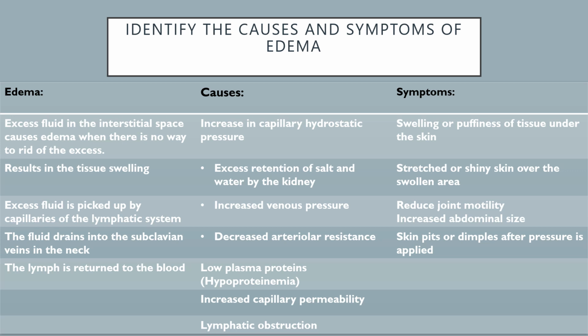Then we have some symptoms: swelling or puffiness of tissue under the skin, stretched or shiny skin over the swollen area, reduced joint mobility, increased abdominal size, and skin pits or dimples after pressure is applied.